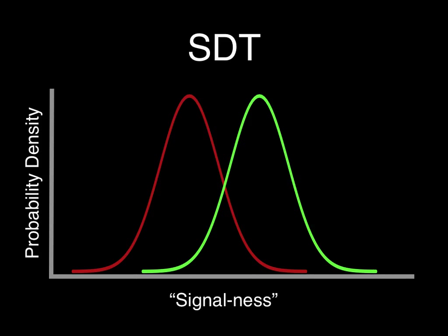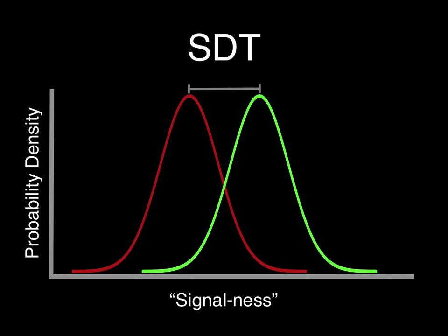So we may have stimuli from the red curve, and they may generate a signalness percept that is roughly normally distributed along this dimension of signalness. And this other category, the green category, which may have this slightly higher probability distribution along the signalness continuum.